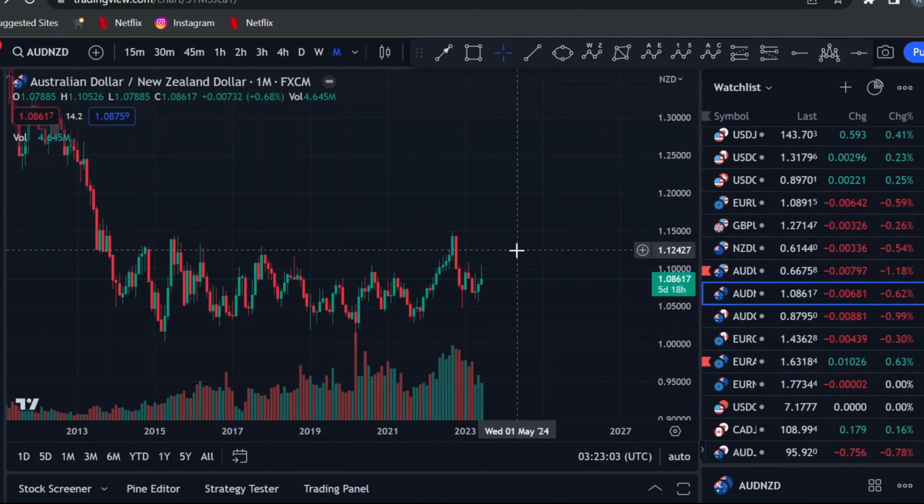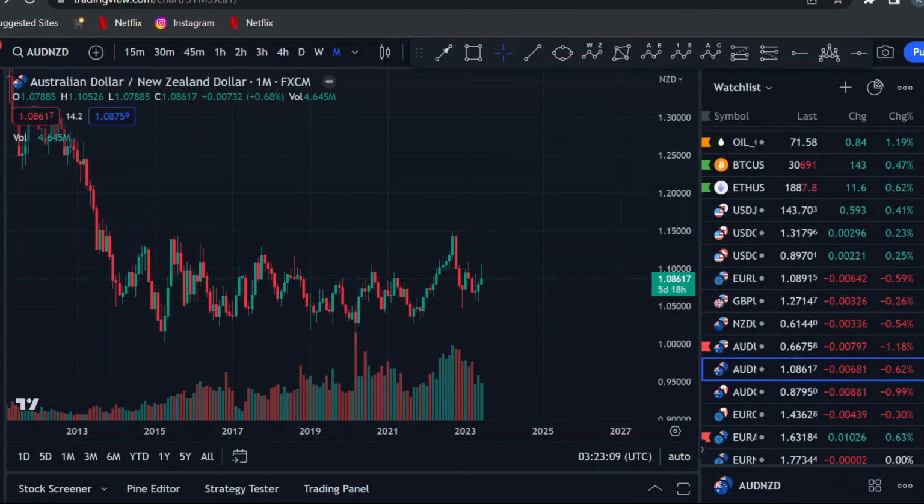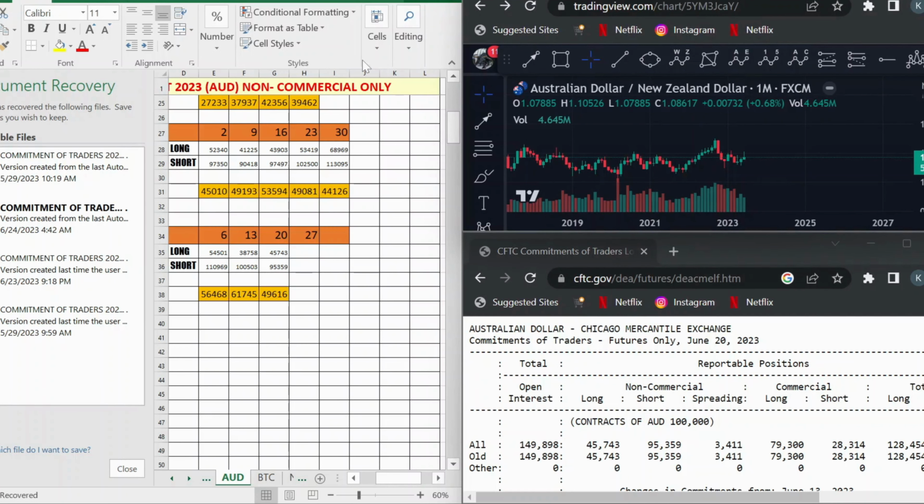So those are the major currencies in the COT report, which are released every Tuesday and published on Friday. So the takeaway is that the non-commercials are extremely bullish on the pound and the euro.